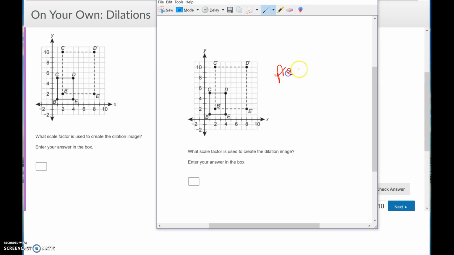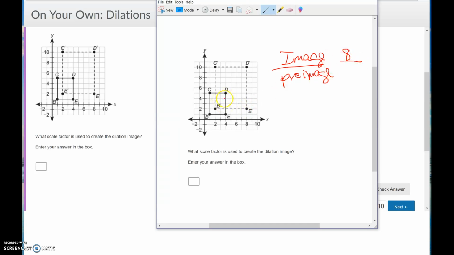You do image divided by pre-image. Take one of the sides of our image and count the sides: 1, 2, 3, 4, 5, 6, 7, 8.